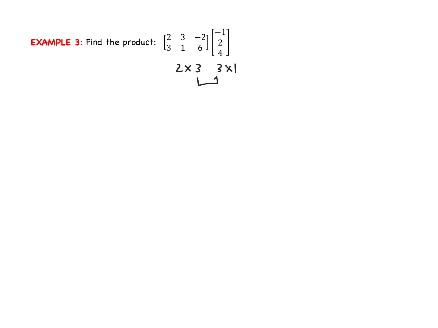Okay, inside numbers are the same. That's good. Our answer then will be 2 by 1. That means we're going to have 2 rows, 1 column. So we are only going to have 2 elements. That's it. 2 rows, 1 column.